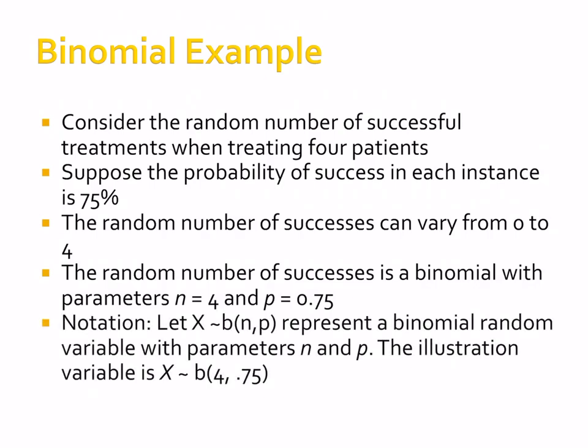This is the notation where we let X, and this tilde symbol we read as distributed. So let X be distributed B for binomial with parameters n and p. We'd say the variable X is distributed binomial with probability 4, 0.75, where 4 is our n and 0.75 is our p.